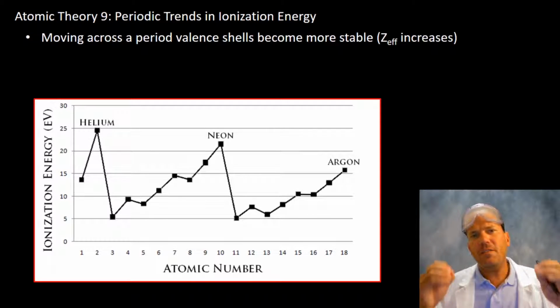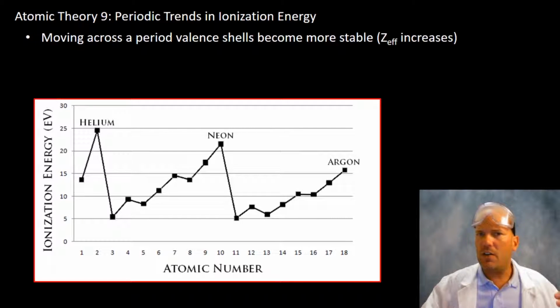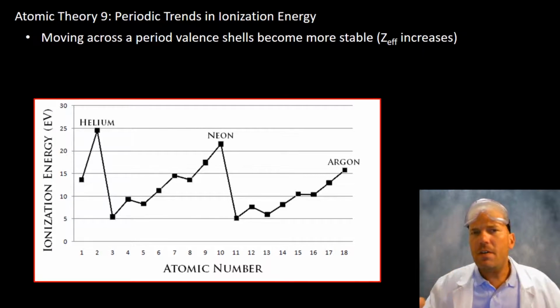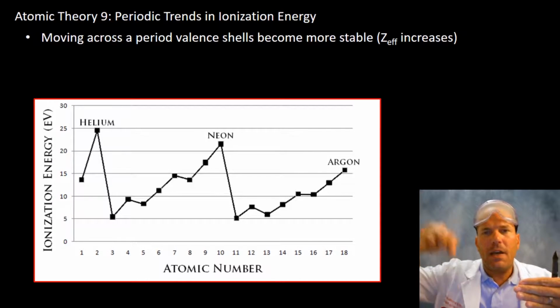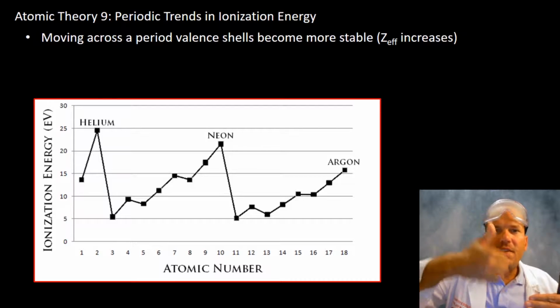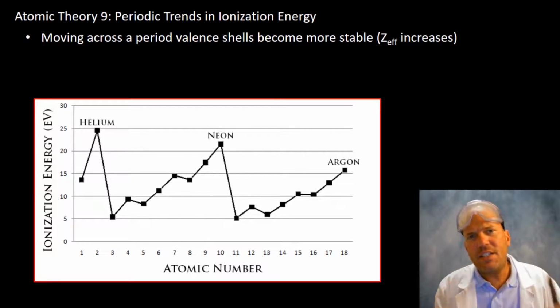Recall, the effective nuclear charge is the nuclear charge minus the shielding effect that occurs. And as we move across a period, we're adding protons to the nucleus, which is increasing the effective nuclear charge. However, the electron shielding remains constant moving across the period.